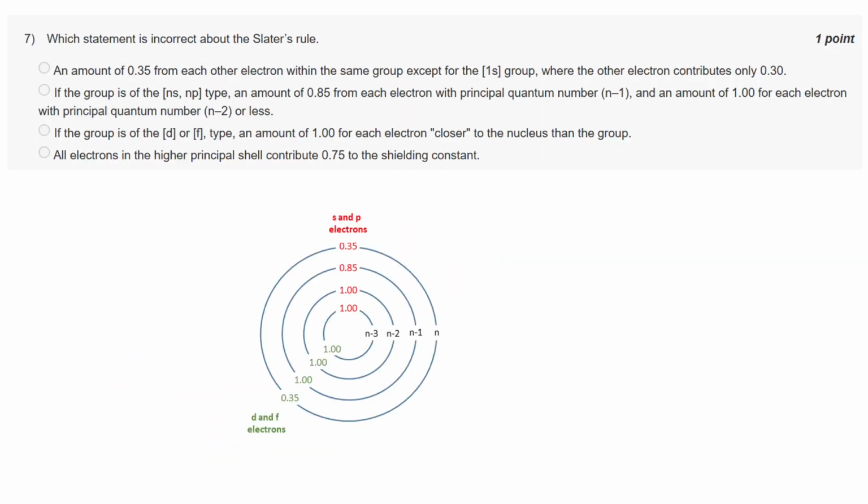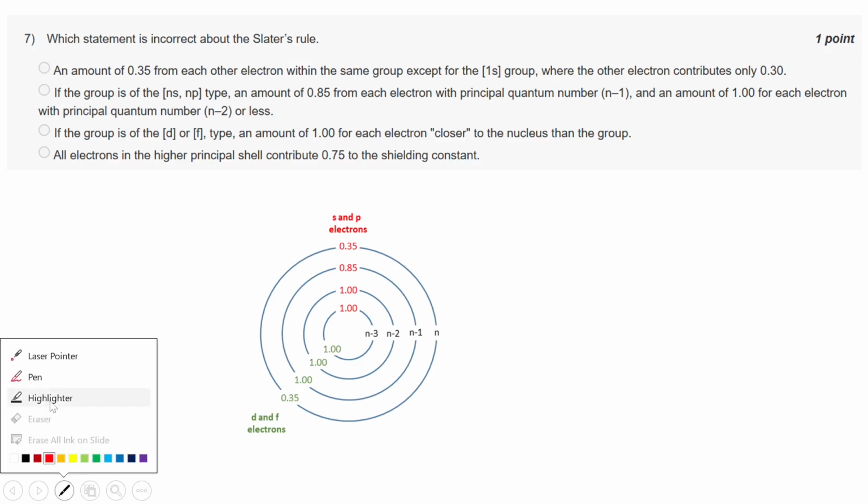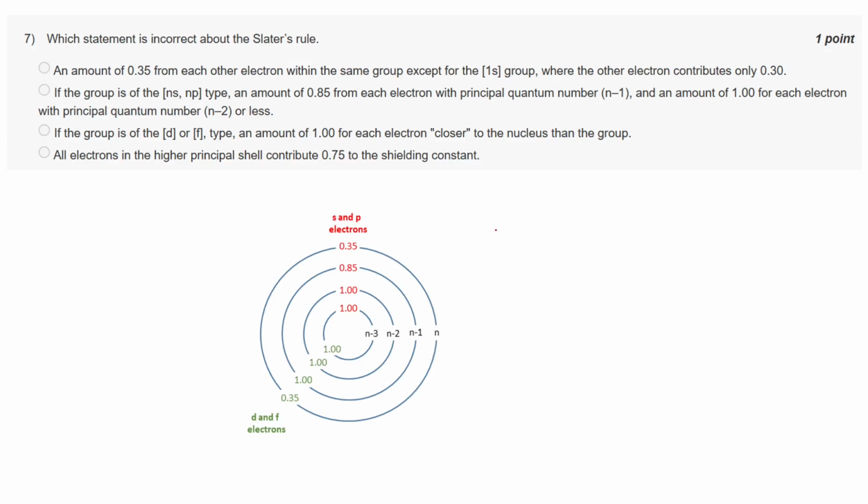So essentially, this Slater's rule is a set of rules to calculate the effective nuclear charge. So we have a nucleus here. We have many orbitals and shells and all, and there are electrons.